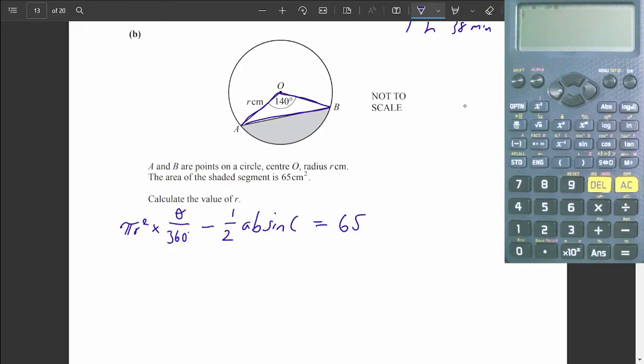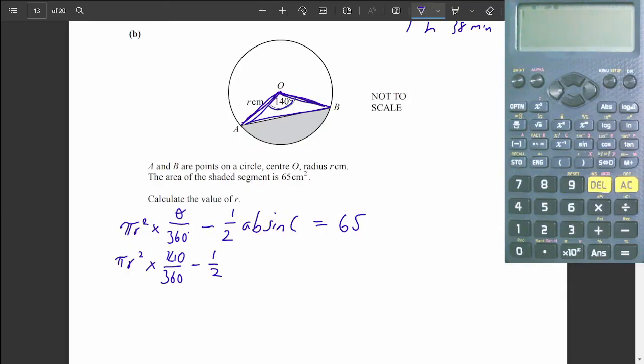So let's put in there all the information we can. So first of all, we got pi r squared. We don't know what r is, but we know that this angle here is 140 degrees. They've given that to us. Half a and b are the two sides of the triangle that enclose the angle.